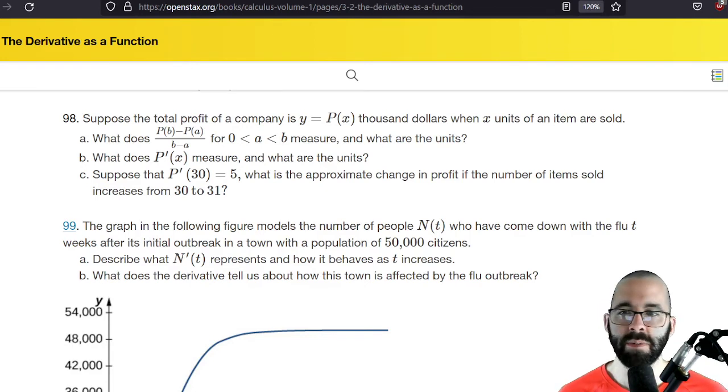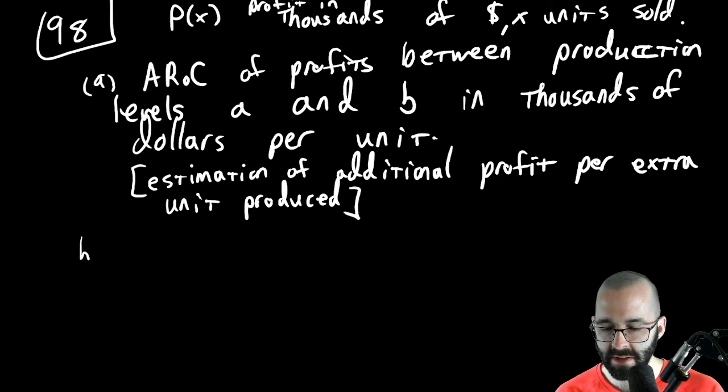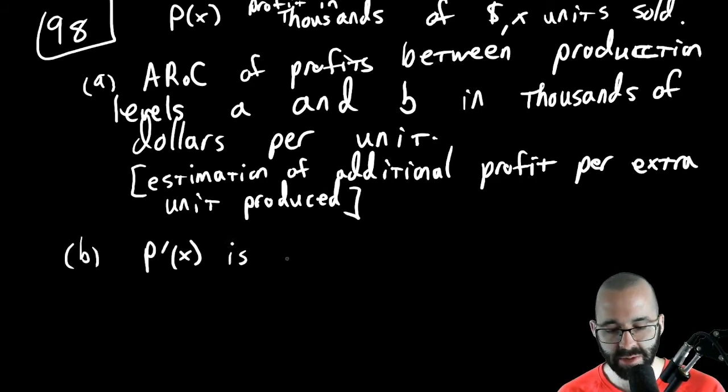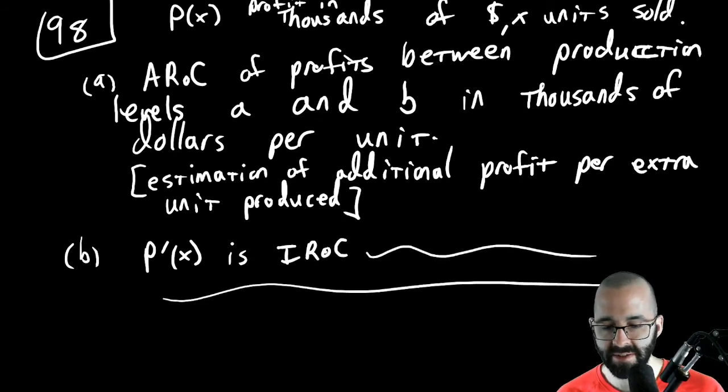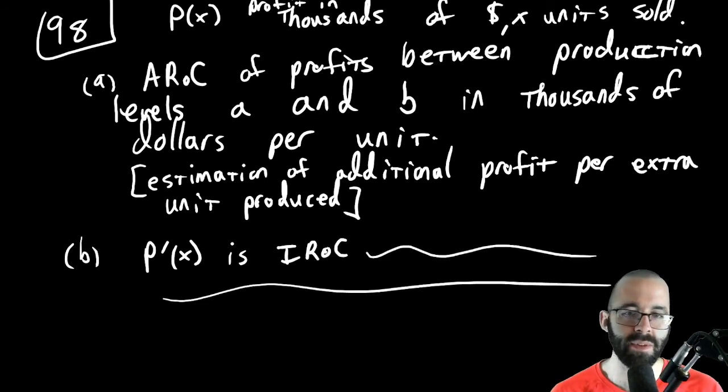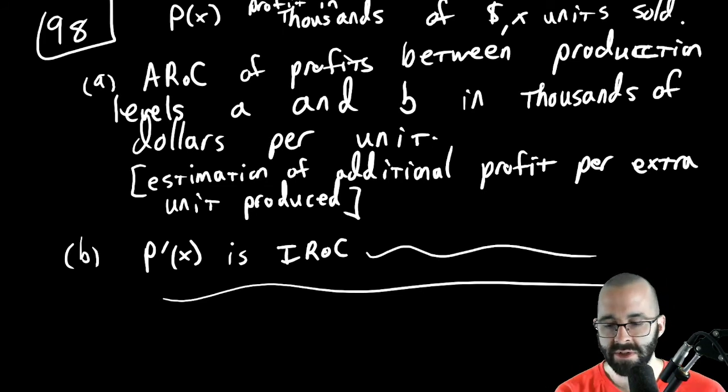Part B, what is P prime of X? Again, this is very similar to the last example. P prime of X is the instantaneous rate of change. Basically, the whole thing is the same thing, just instantaneous rate of change.